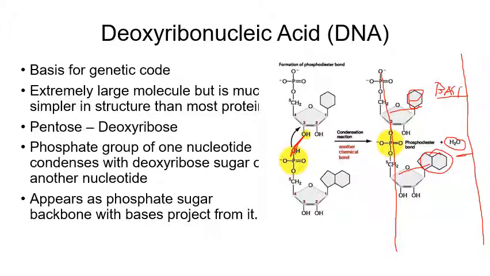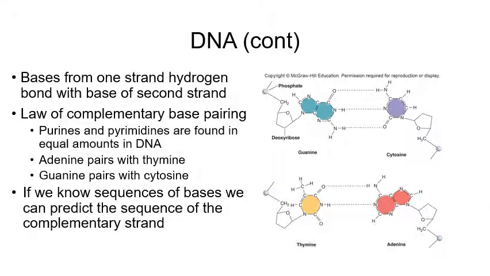And that gives us rungs. We'll see DNA is held together by, when we see these dashes, hydrogen bonding. So hydrogen bonding between the different bases. The base from one strand hydrogen bonds with the base of another strand.